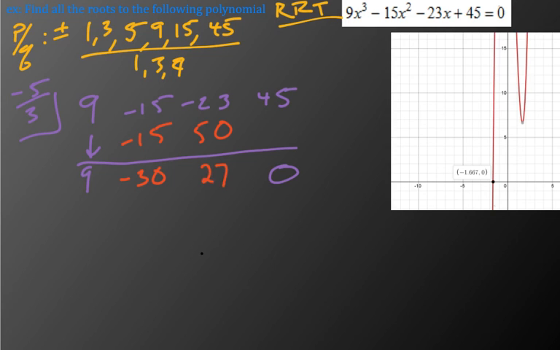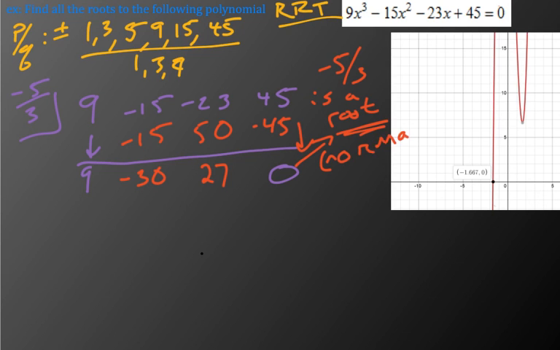That'd be 27. 27 divided by 3 is 9. And then 9 times negative 5 is negative 45. So truly, they add to 0. That means that negative 5 thirds is a root. Basically, it divided in. It has no remainder, right? That's what that means. Which is all good. You should have had that, basically.